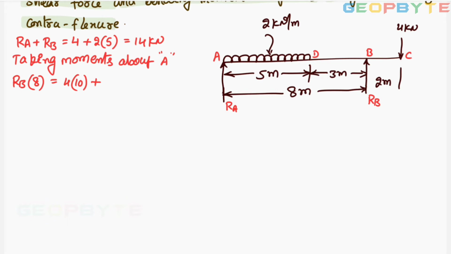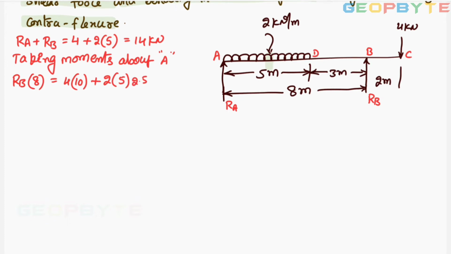From the UDL, you have to convert it to a point load. First multiply UDL with UDL distance to get the point load. Assume that the point load is acting at the middle of AD, and from that middle point to A the distance is 2.5. Now from this you can find the RB value. Simplifying, RB equals 8.125 kilonewtons.